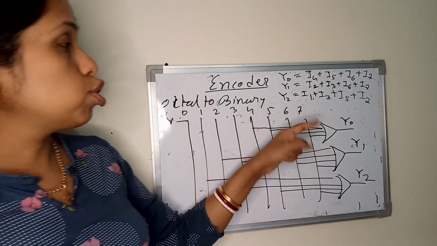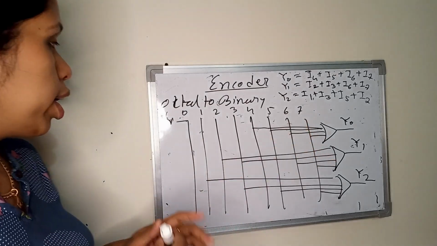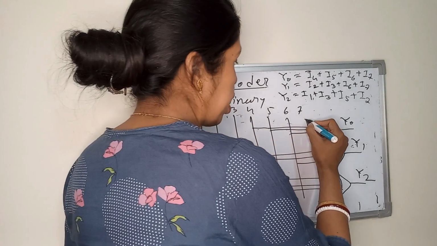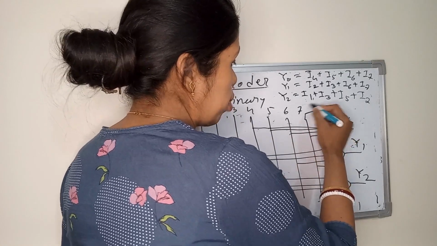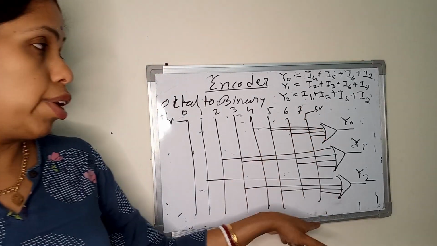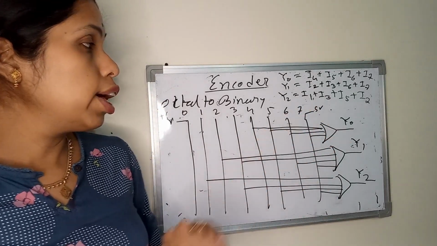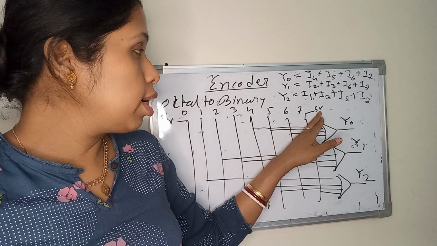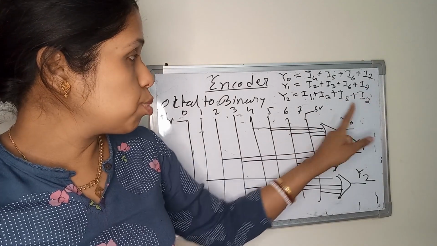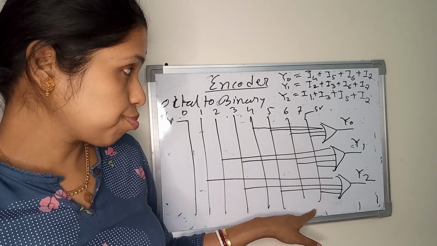Now suppose 7. If I want to send 7, I have to connect the last line, I7, with the 5 volt. You can see I7 is in all the expressions.